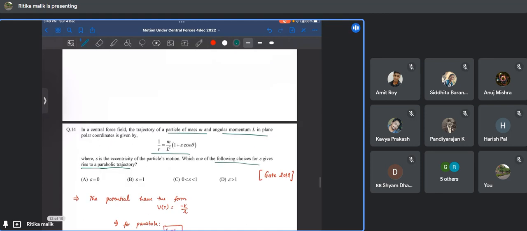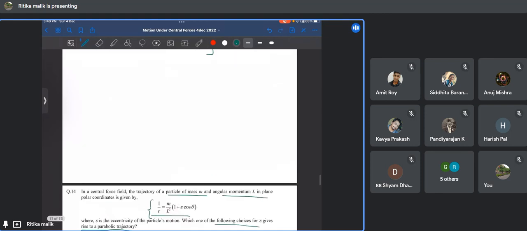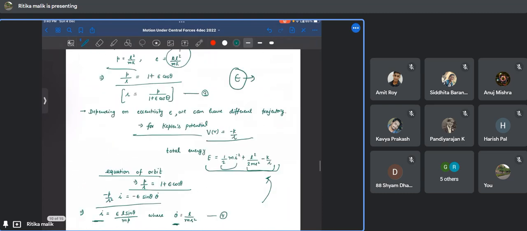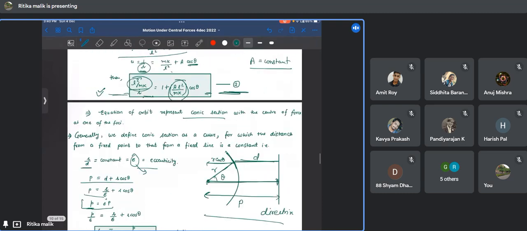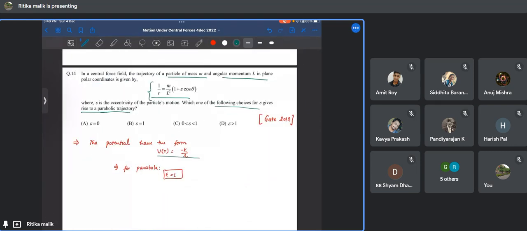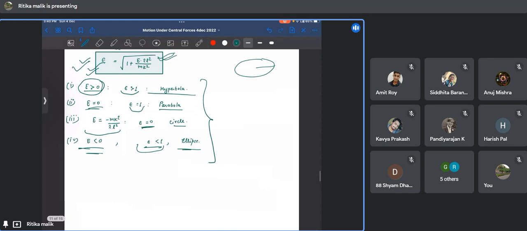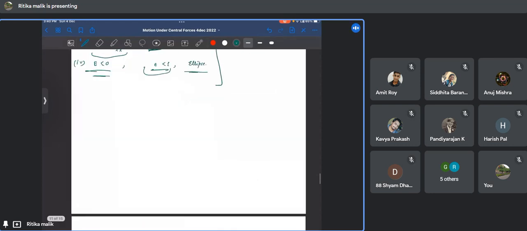So the question asks directly. But if you look at this equation, this is the one that we have derived for the case of Kepler's potential. So you already know for the case of Kepler potential, a parabola will be the case when your eccentricity is 1. So here is a direct formula question.